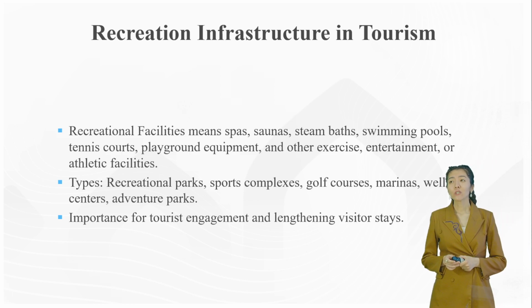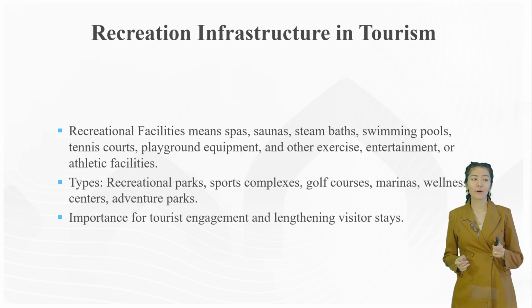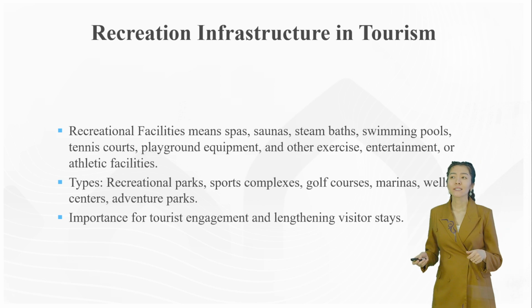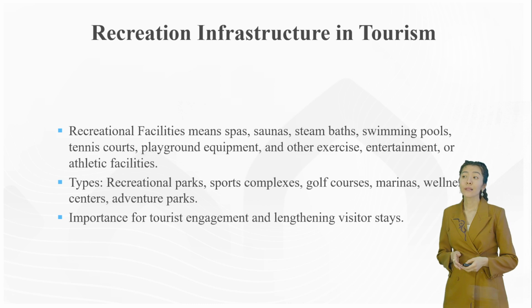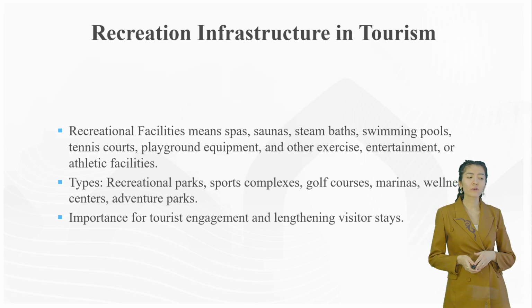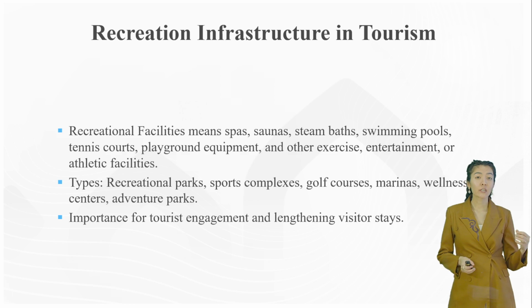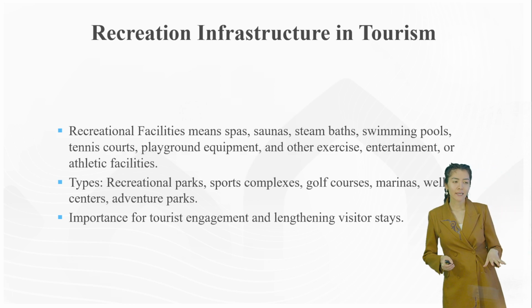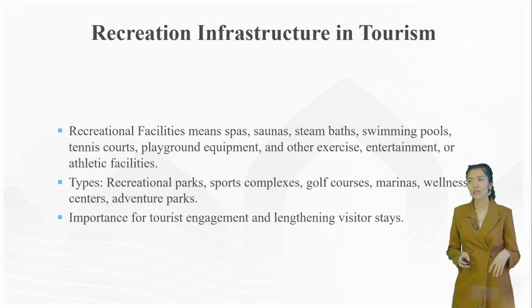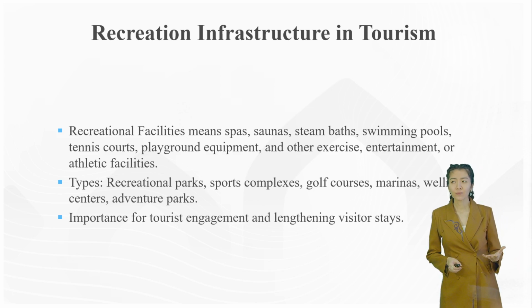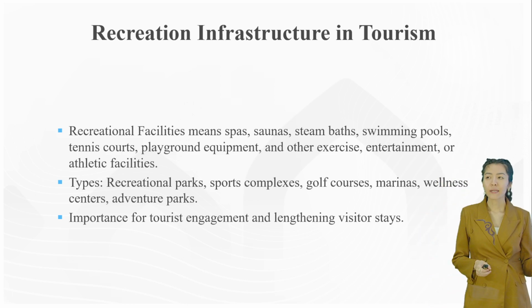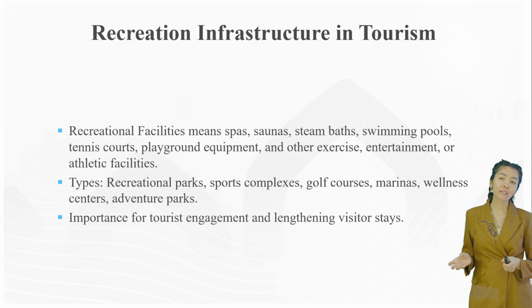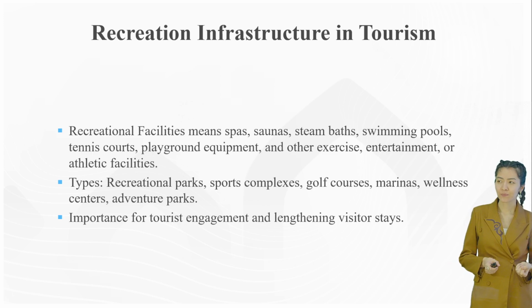Recreational infrastructure in tourism. It means recreation facilities such as spas, saunas, steam baths, swimming pools, tennis courts, playground equipment, all of them the infrastructure of recreation facilities. Types of recreation infrastructure include recreation parks, sport complexes, golf courses, marinas, wellness centers, or adventure parks.